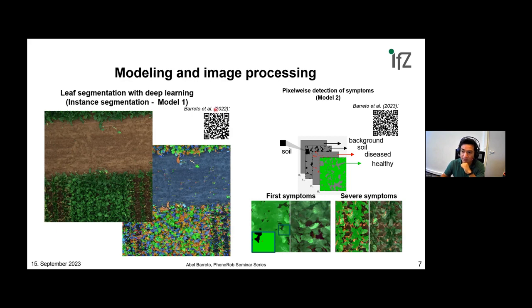This research is right now a preprint version, but will be published soon. It is in the last stages of revisions, and I invite you to check this publication if you are interested in it.